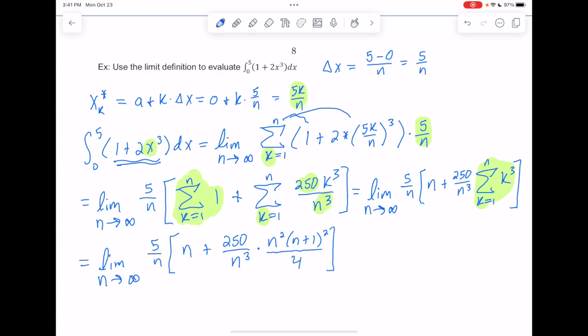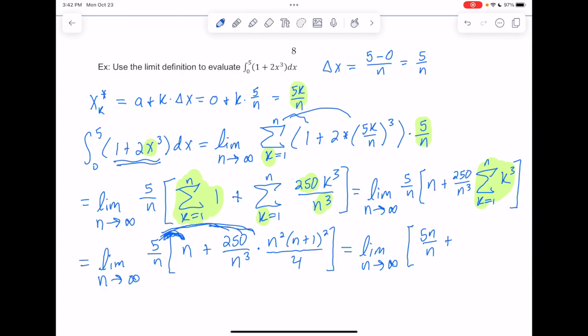So now let's go ahead and take this 5 over n and distribute that back into both pieces, and then we'll apply the limit and get our answer. So we have the limit as n goes to infinity. So distributing right here, the 5 over n with the n, we just get 5n over n. That's the clean piece. And then plus, what happens when we take 5 over n times all of this stuff?